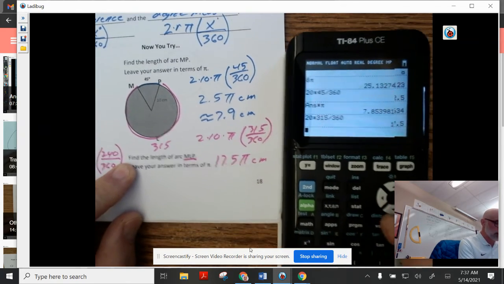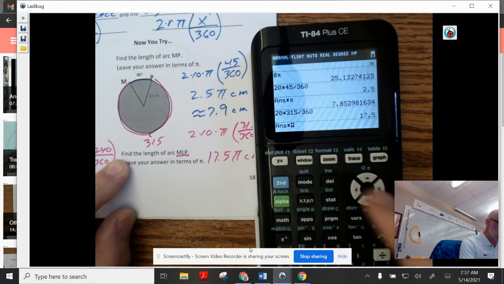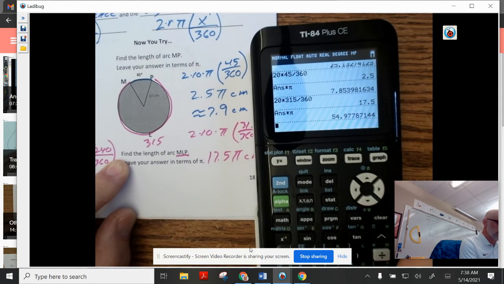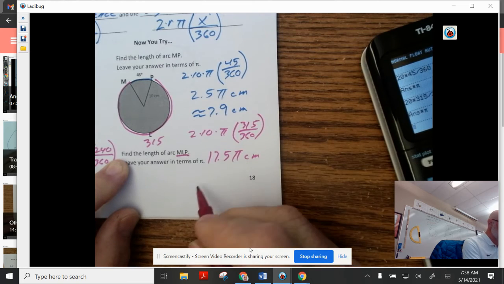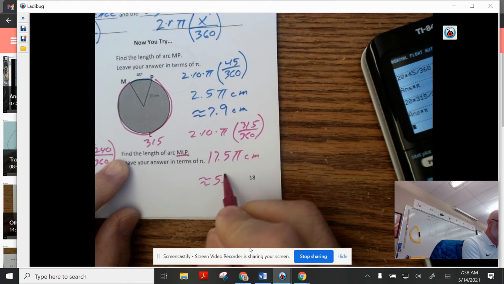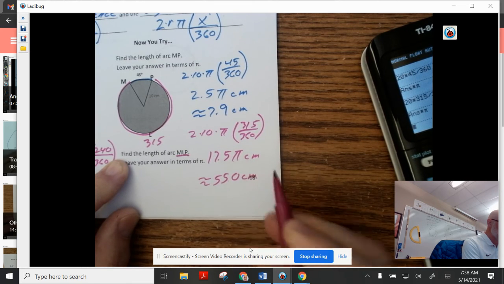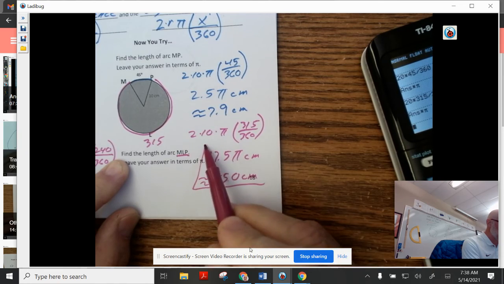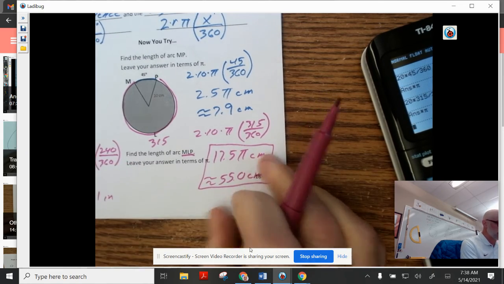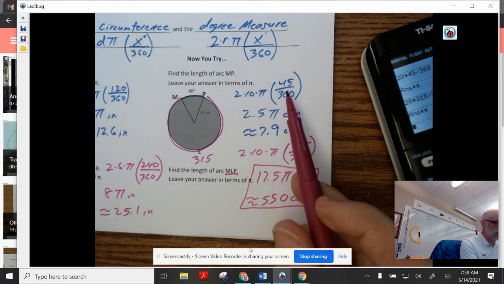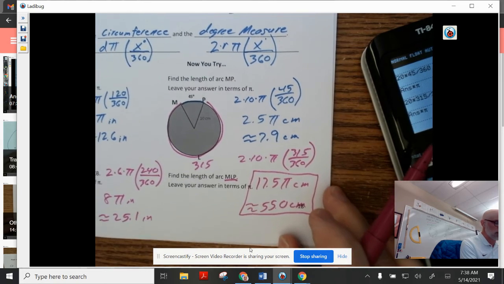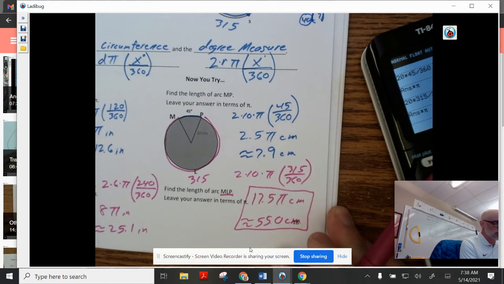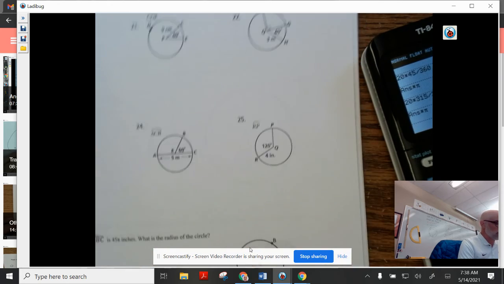And then we can convert that to a decimal and get 55.0 centimeters. All right, so either one of those answers down there will work. But that's how you do that. So you take the entire circumference, multiply by the percentage, and you'll come up with an answer.